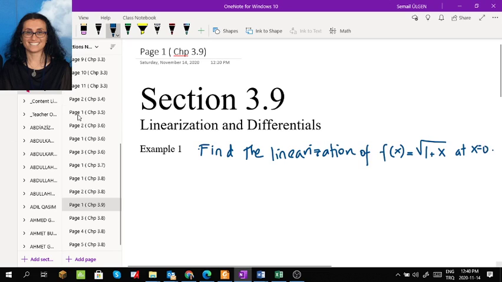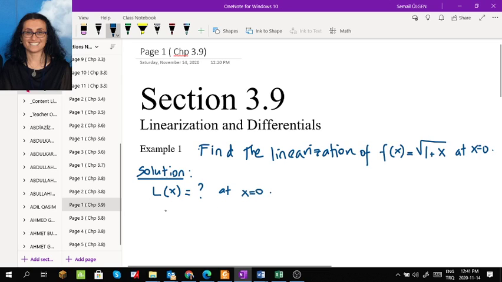Solution. All right, so what is L of x? We need to find it, at x equal to 0.